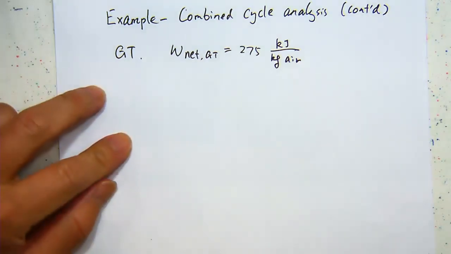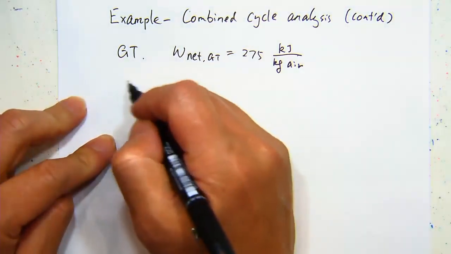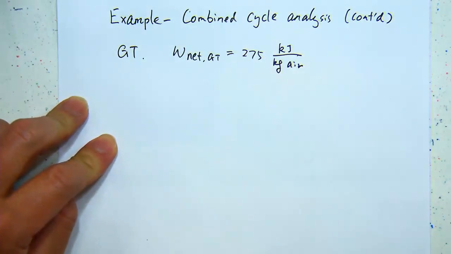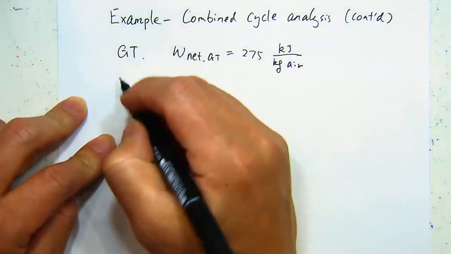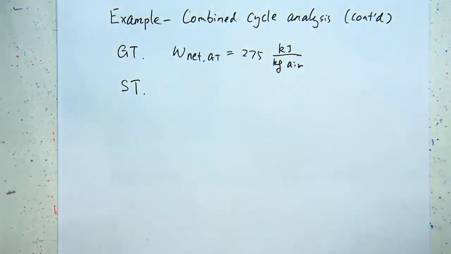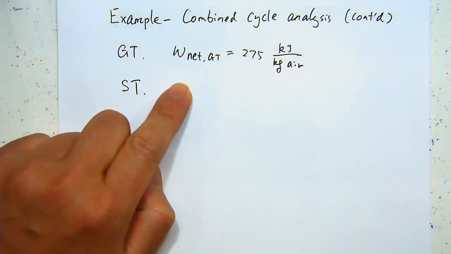All right, so here we have the gas turbine cycle. Then we need to find out the work for the steam turbine process as well. So there, let's use the conditions given. We need to find the net work from the steam turbine.